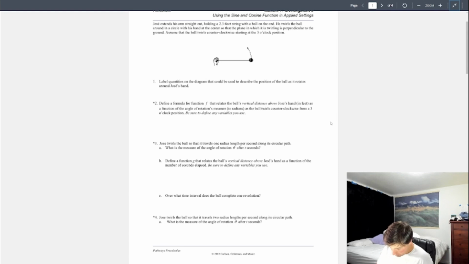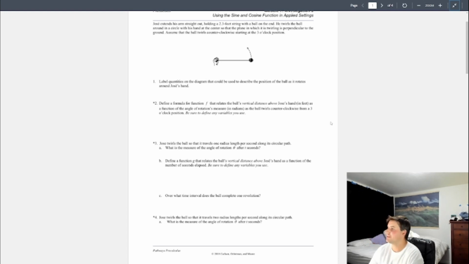Jose swirls the ball so that it travels 1 radius length per second along its circular path. What is the measure of the angle of rotation theta after t seconds?